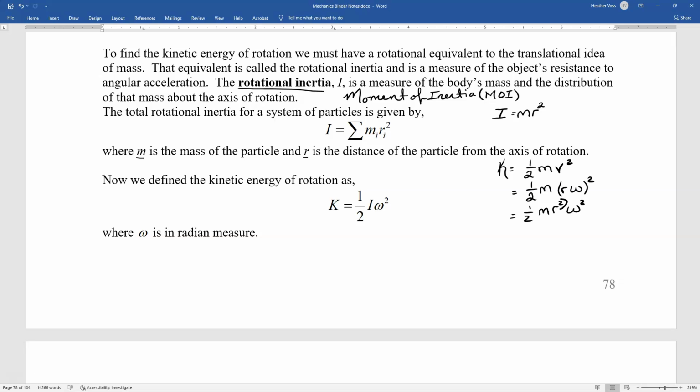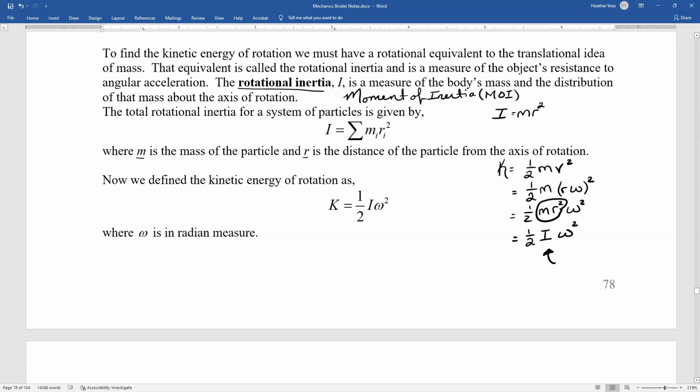So if I was looking at a point mass, this piece right here is my I. So I have 1/2 my resistance to rotation times omega squared. And now recognizing that that resistance to rotation can be used for any shaped object, that I is the moment of inertia for the object we are looking at. So we have a rotational equivalent.